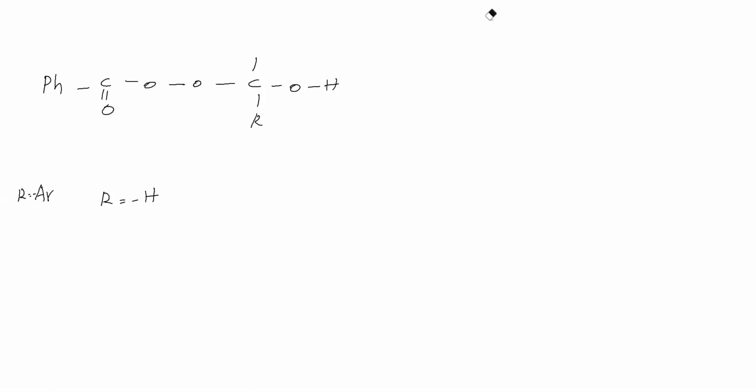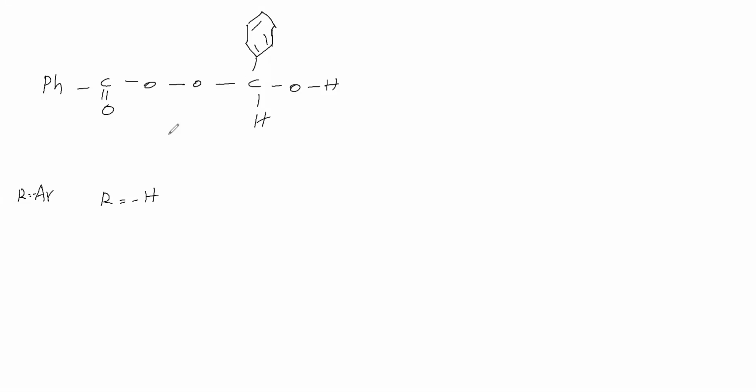So one R group we are replacing by an aryl group, and another R group we will replace by hydrogen. Which has the higher migration tendency, that we will see.